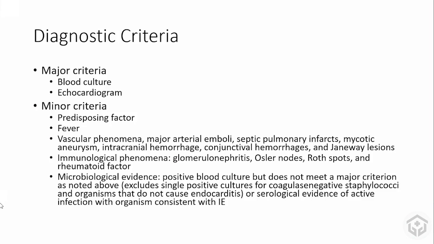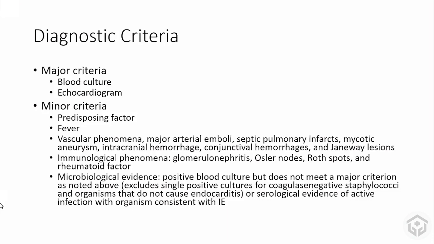The third is vascular phenomena: septic features, that is, septic emboli, major arterial emboli, septic pulmonary infarcts, intracranial mycotic aneurysm, Janeway lesions, and conjunctival hemorrhages. And the immunological phenomena, due to immune complex deposition, such as glomerulonephritis, Osler's nodes, Roth spots, and rheumatoid factor positivity.